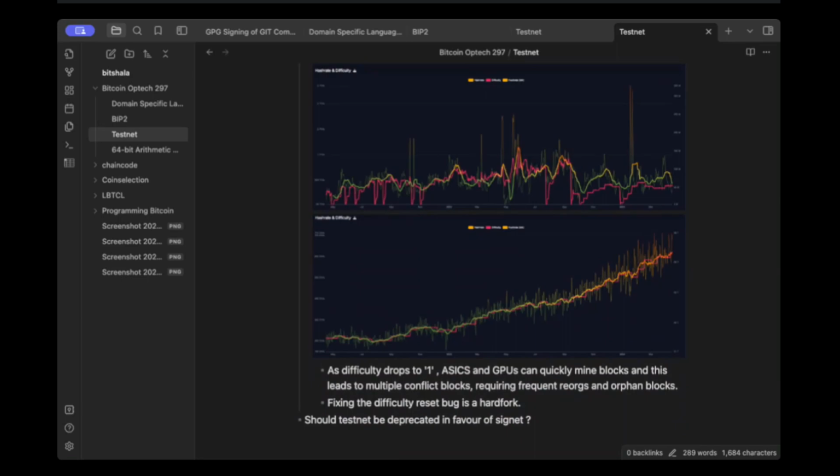Because of the 20-minute rule, the difficulty drops to 1. For example, even a single ASIC or GPU that is connected and trying to mine can find a block in a second or so, because the difficulty drops to 1.